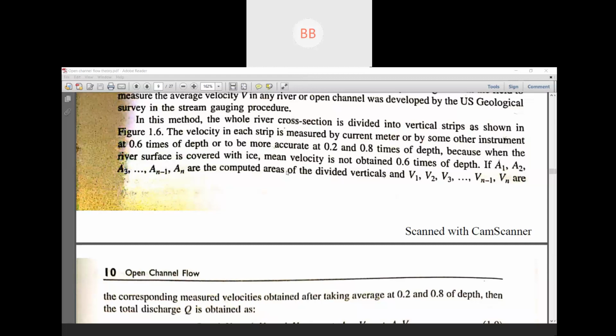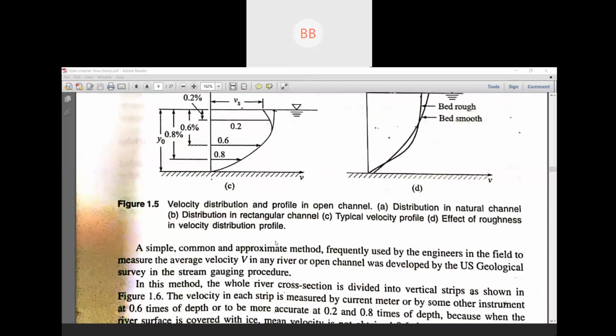Okay, Stephanie, which equation? Bed slope equation. You're talking about Manning's equation?